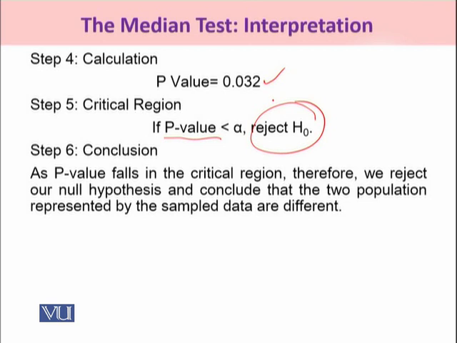So students, the P value we got after following the median procedure in SPSS is less than 0.05. That means it falls in the rejection region. Therefore, we will have to reject our null hypothesis and conclude that the two populations represented by the sample data are different. That means the medians of the two populations are not the same.